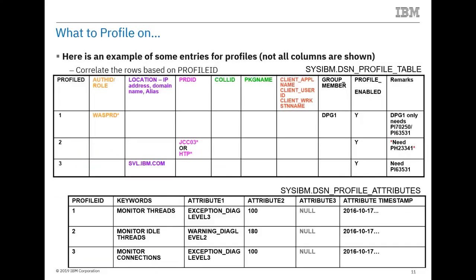Here are some example profiles we set up. It's kind of based on the profile table, but not all the columns in there. The profile ID is a correlation between the profile and the profile attributes table. And in here, for example, I've got WAS prod splat. So any WebSphere production auth ID that comes in for that member, DPG1, I'm only going to allow 100 threads to run concurrently.